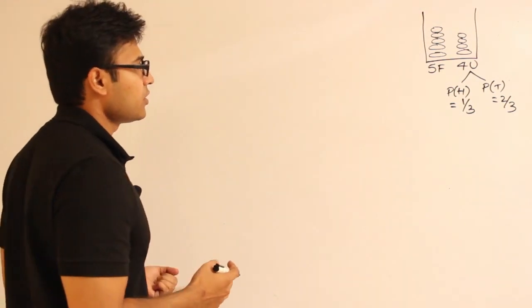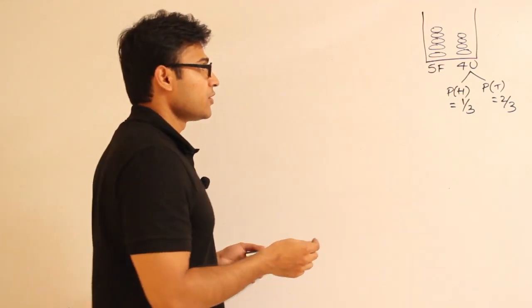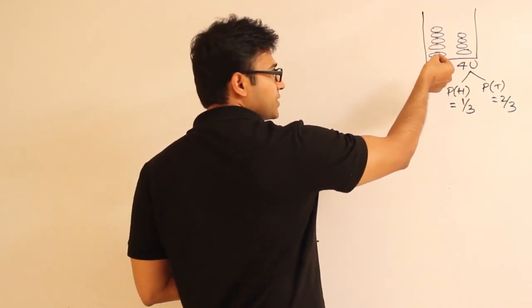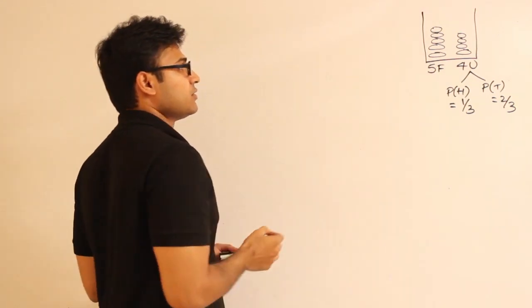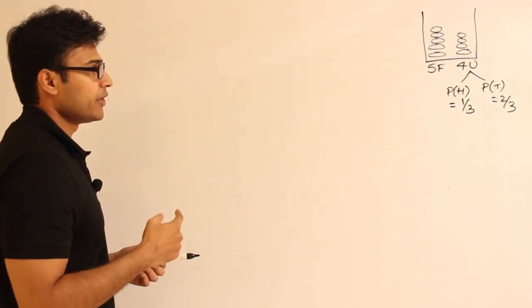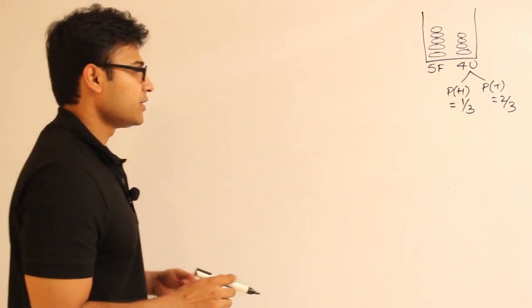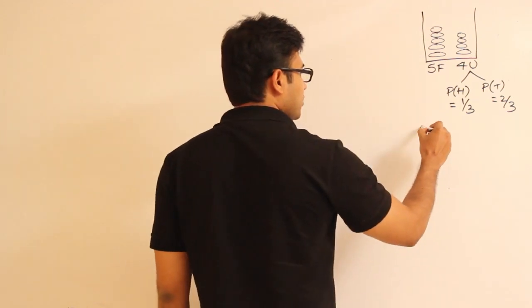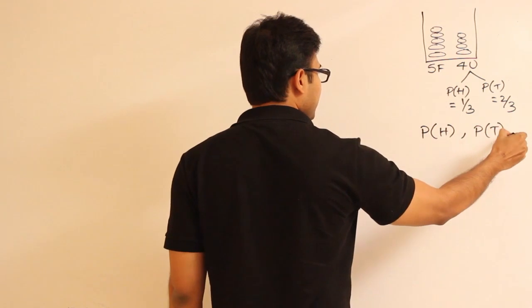So earlier we have solved a question, I hope you remember the experiment. We are going to choose one of the coins randomly, and then we are going to flip. Now the earlier question was, what is the probability that you will get a head, or what is the probability that you get a tail, which means we wanted the total probability of getting a head and the total probability of getting a tail.